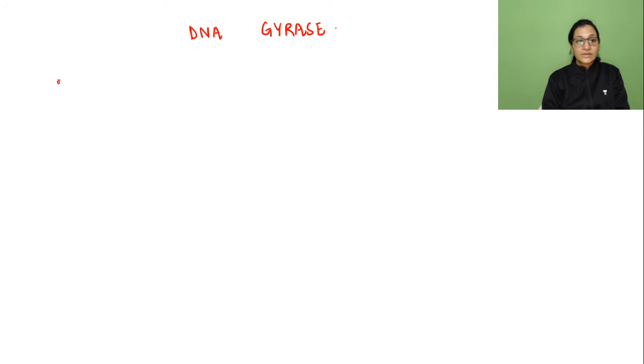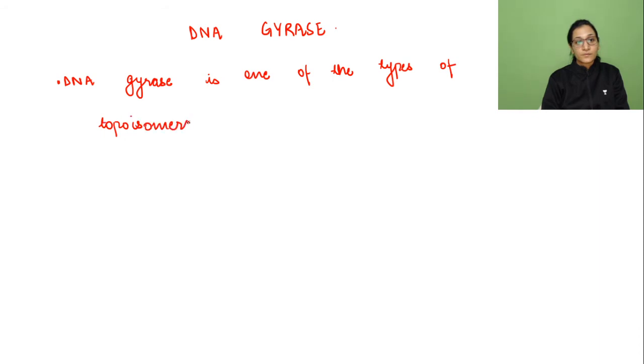So DNA gyrase is one of the types of topoisomerase enzyme called type 2 topoisomerase.